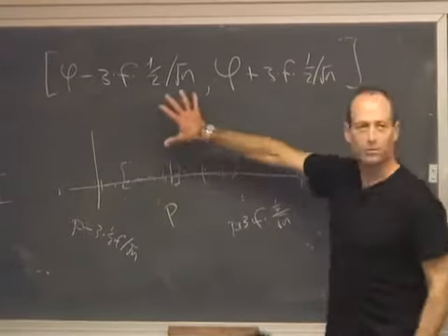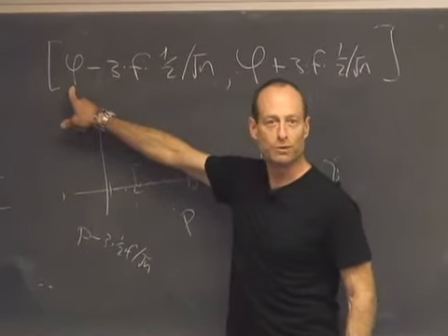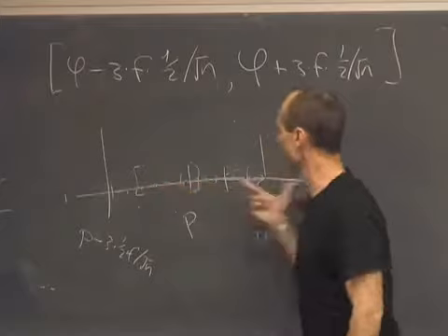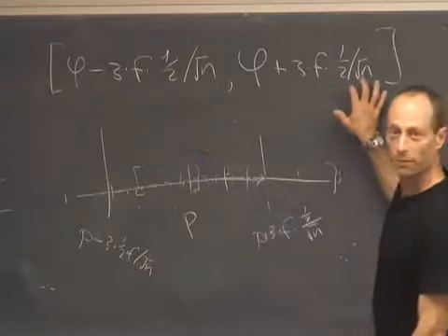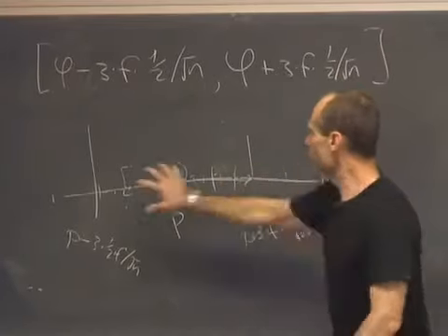This is a random interval, right, because it depends on phi, and phi is a random number. Phi depends on the sample. It's the sample percentage. So this is a random interval. It's centered at phi. It goes down from phi by this much. It goes up from phi by the same amount. Okay?